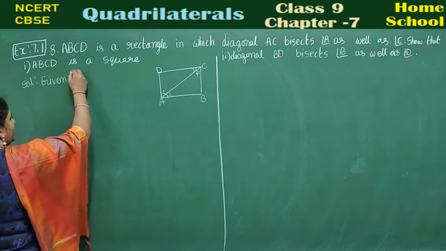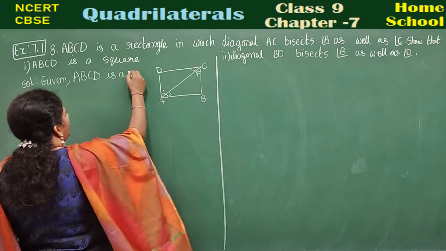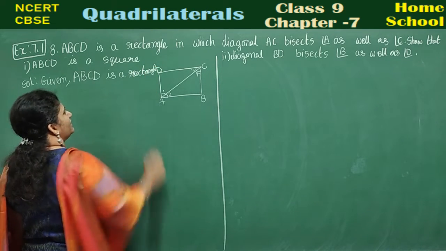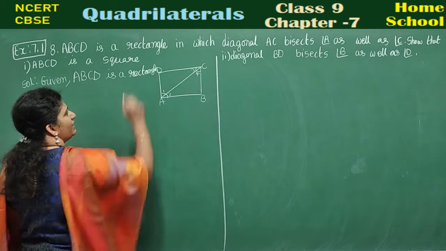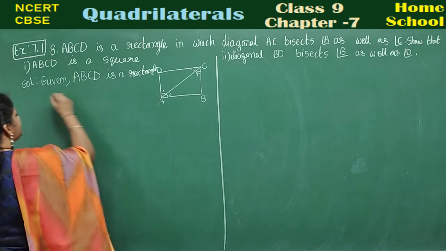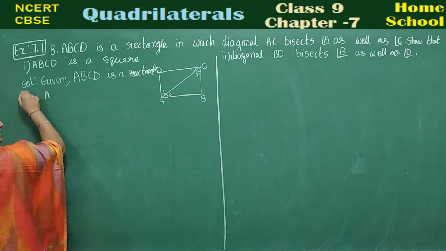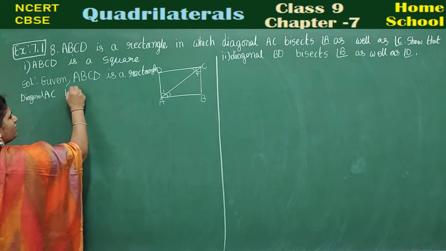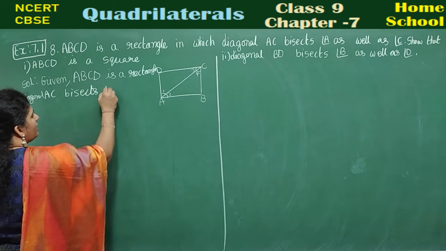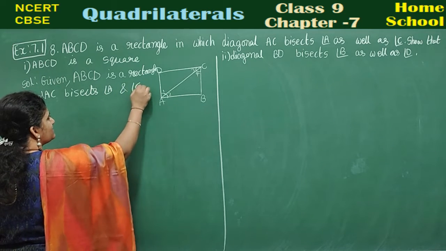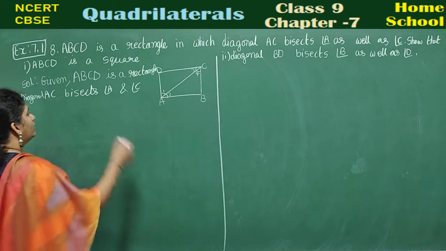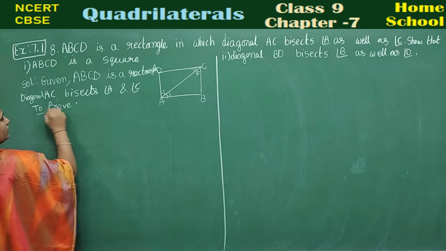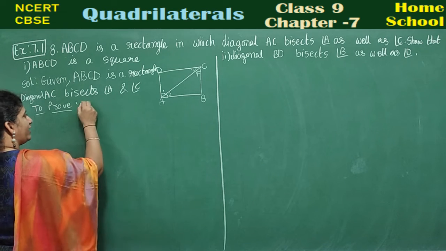Let's start the solution. Given: ABCD is a rectangle. Diagonal AC bisects angle A as well as angle C. To prove, observe here children, you can write the 2 cases.